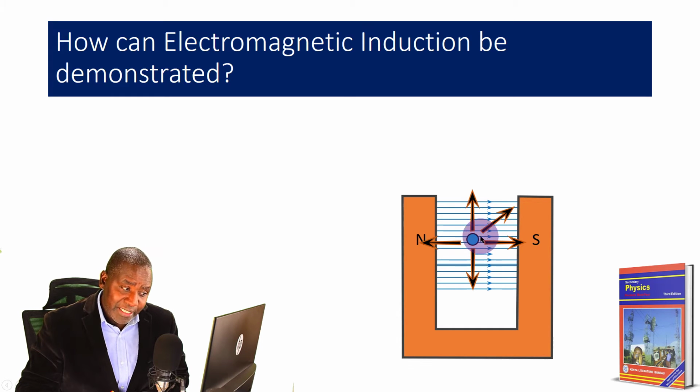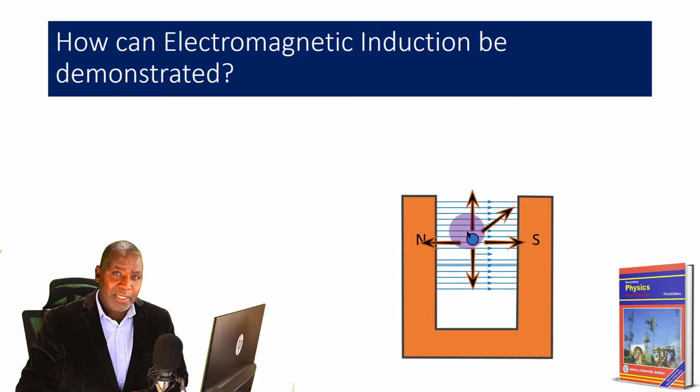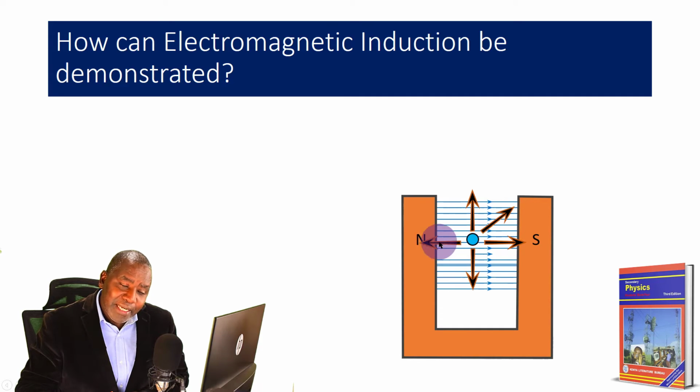There must be relative motion, and the conductor must cut the magnetic field. Notice that in a situation where the wire is moving either to the right or to the left, the wire is not cutting any magnetic field lines, although there is a relative motion. So there is no induced EMF, because we've not met that condition.